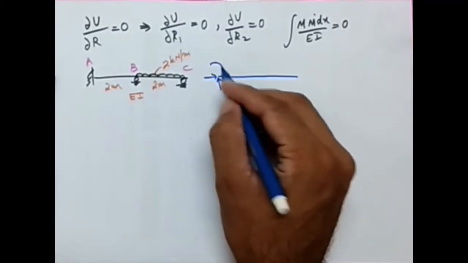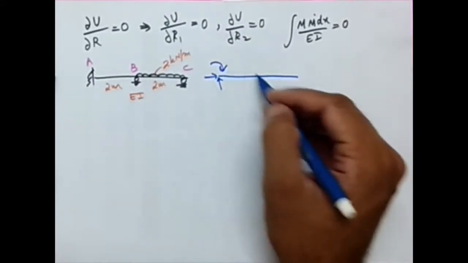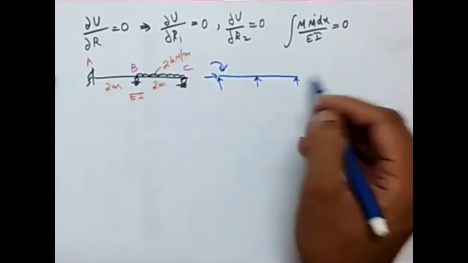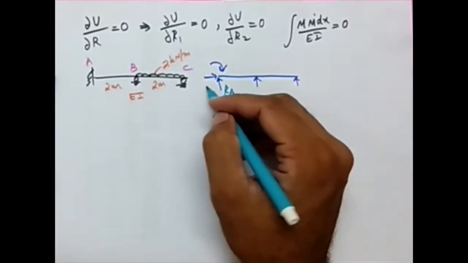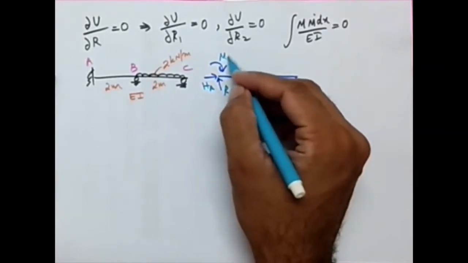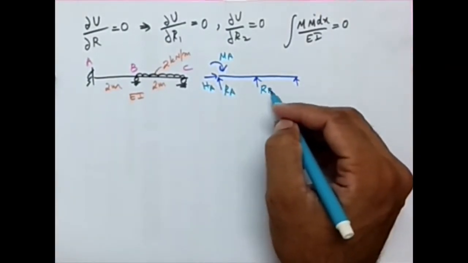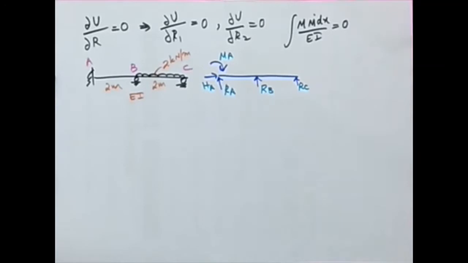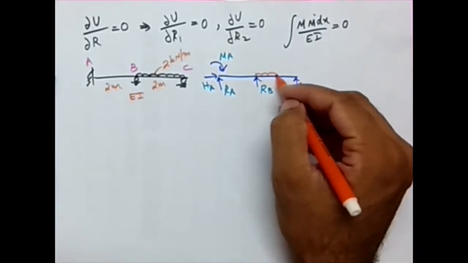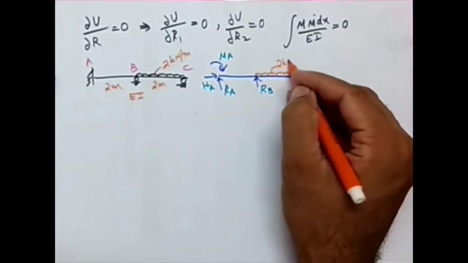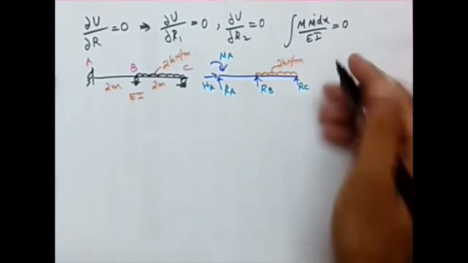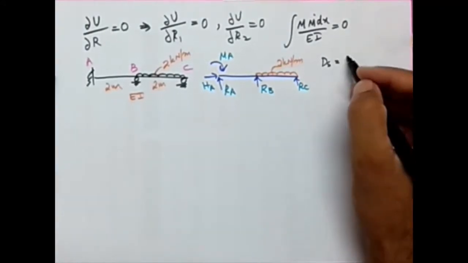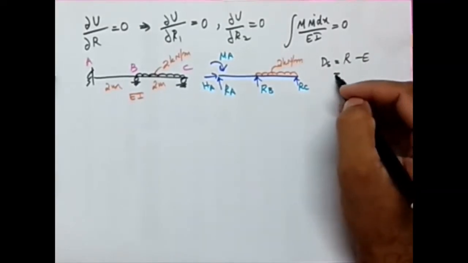So I'm going to have three reactions at the fixed end and one per roller, and these are RA, HA, MA, RB, and RC, and there is a loading of 2 kilonewton per meter. Now if I'm trying to calculate the ds value, degree of static indeterminacy, it is given by r minus e.